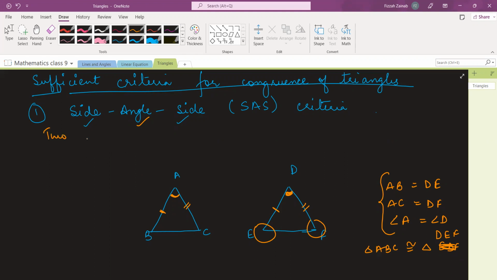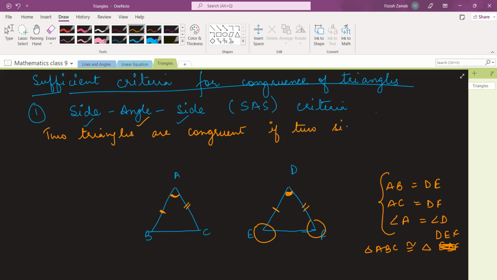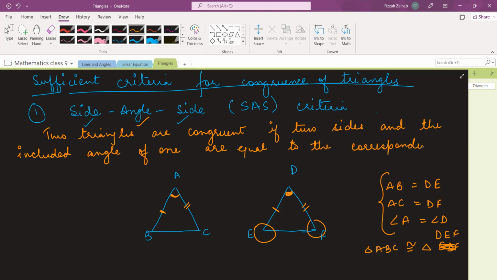Two triangles are congruent if two sides and the included angle of one are equal to the corresponding sides and the included angle of the other triangle. Do you understand now what is the included angle? The angle which is falling between the lines.